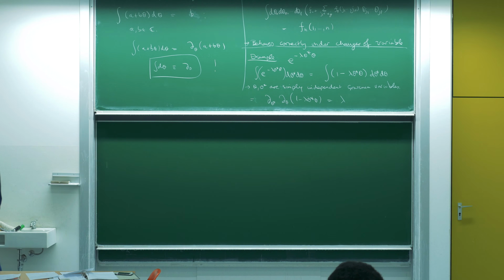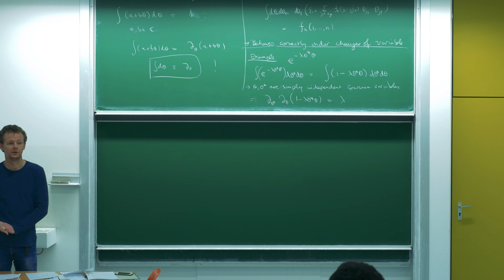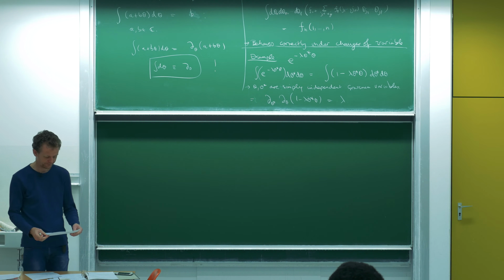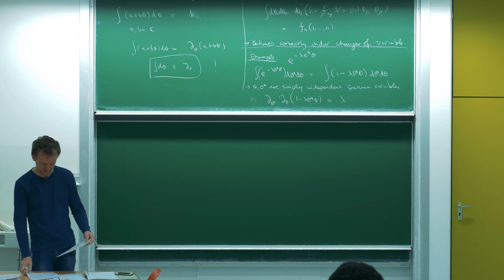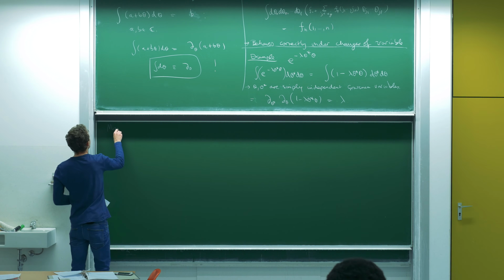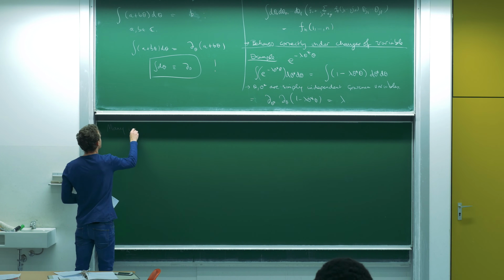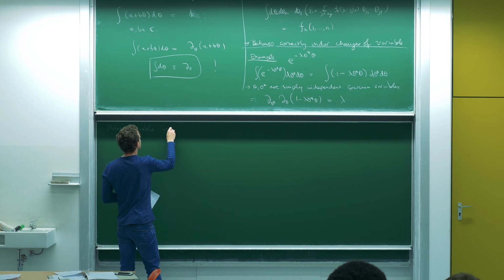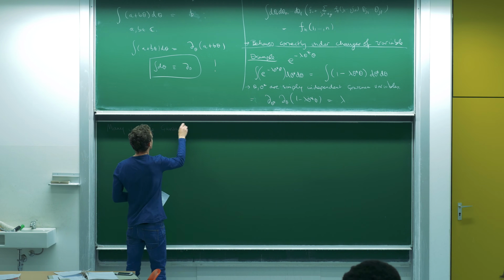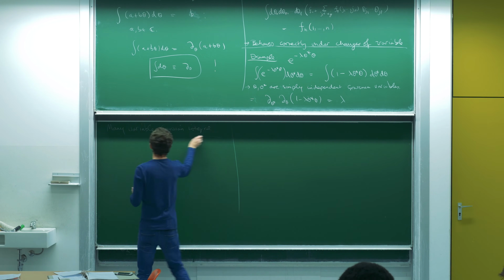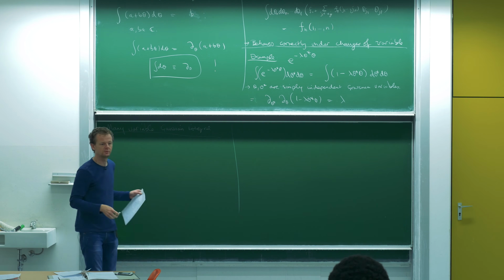All right. The many variable Gaussian integral is now the objective for the rest of this lecture. And this is the main application that we want to use of the Grassmann calculus. The many variable Gaussian integral. What does it look like?